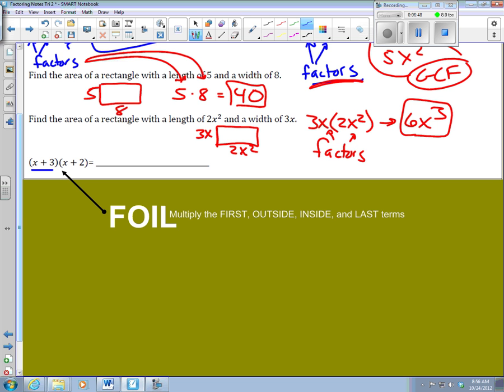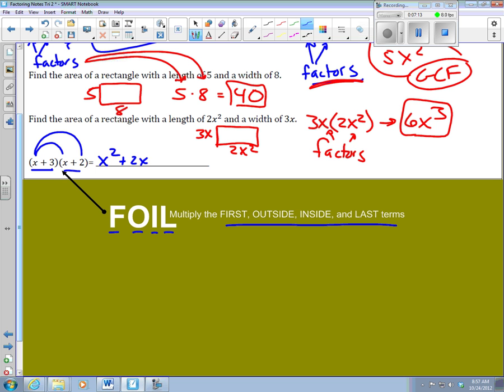This is two binomials. And when I want to multiply two binomials, I use FOIL: first, outside, inside, last. Those are the products. You can see them listed right here. First terms: x times x is x squared. Outside: x is on the outside here, and 2 is on the outside here, so that gives me 2x.